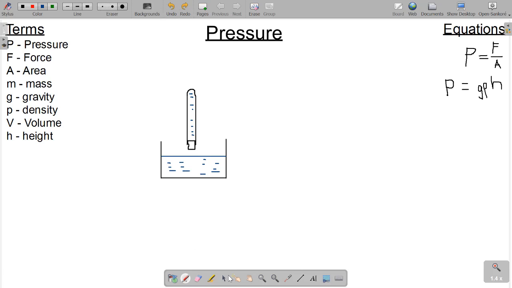So basically you insert this thing into here.